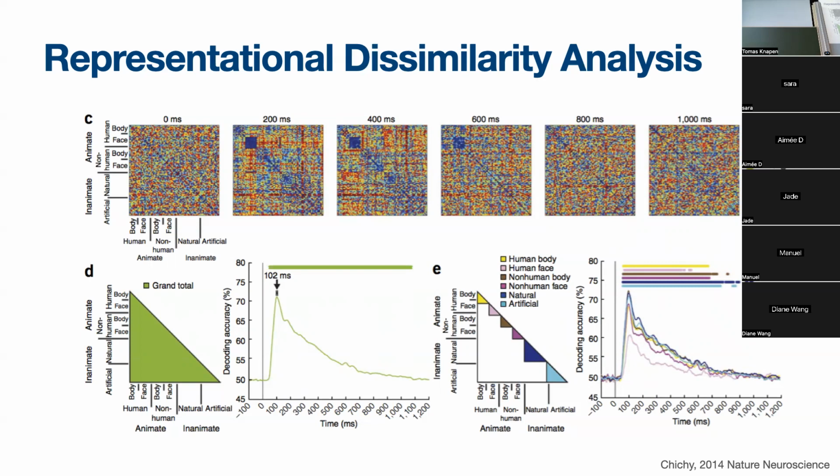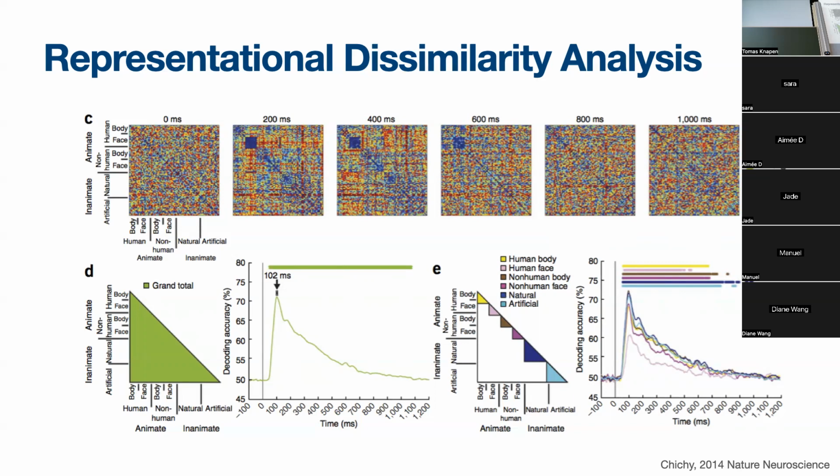And so from the evolution of that representational similarity matrix, you can get a handle on the time course of how information processing happens, right? So you see that very early on, you start to get this sort of blue patch here. And it means that there's a lot of face processing that's happening that's similar. In general, you see that there's a decoding accuracy that peaks around 120 milliseconds.